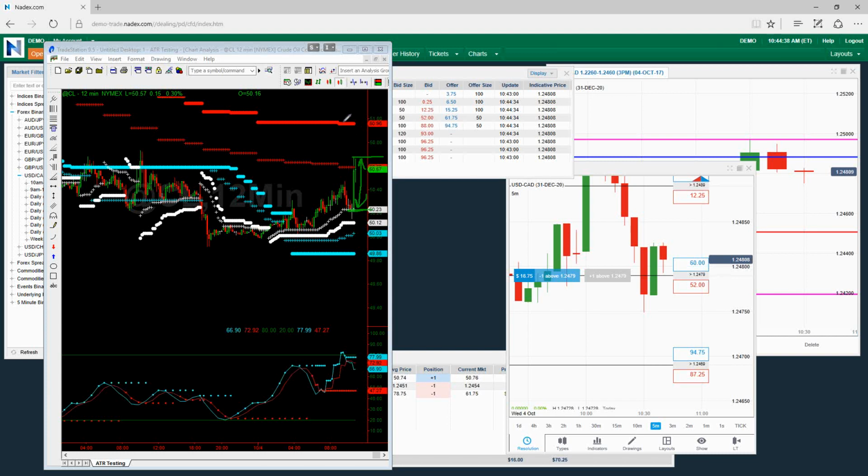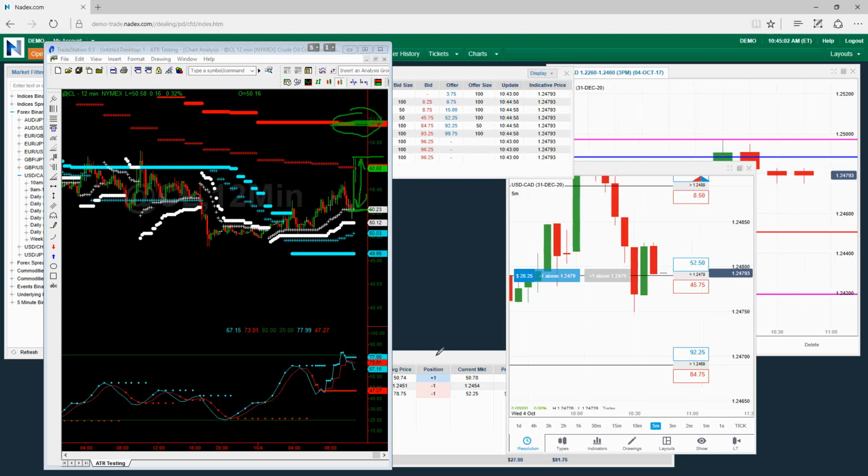An 80 pip move would have been about up to here, but I chose one that was about half of that in case we had a slower move off of the crude oil inventory. Do y'all understand that? So I didn't try to come up here to the 80 cent mark. I said, no, I'm going to do 40.